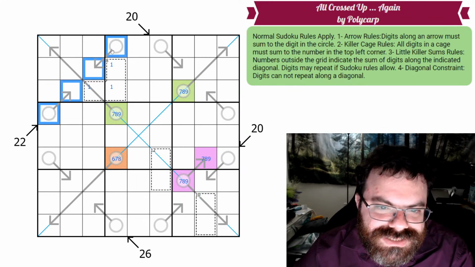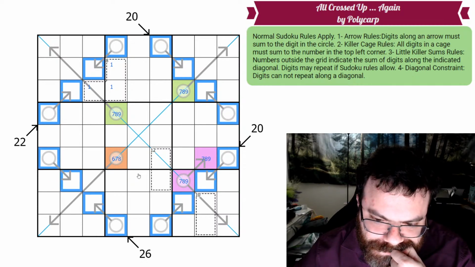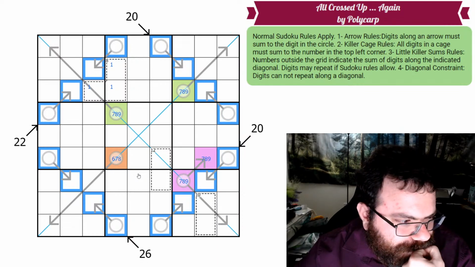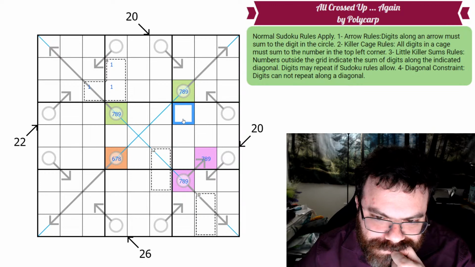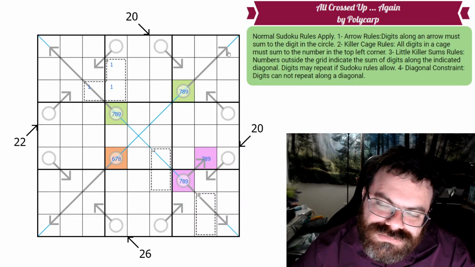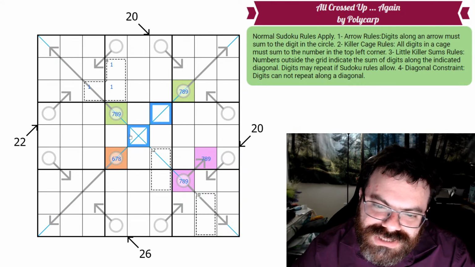Well, I'm wondering when I use these little killers here. Doesn't 9 have to be one of these two?